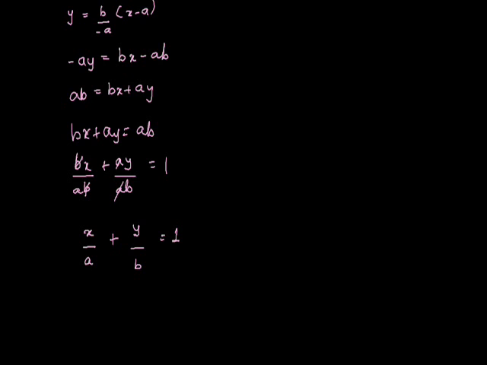So this was the equation of the line which we were about to derive. The equation of the line which makes x-intercept as a and y-intercept as b. That means it intersects the x-axis at a and y-axis at b. So this is our intercept form of the line.